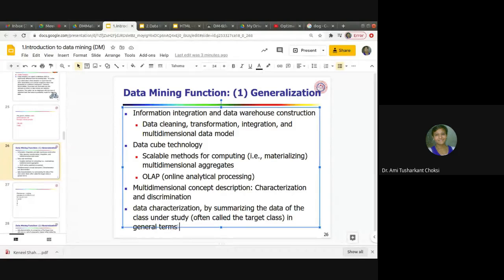We will study this in detail. Generalizing, generally, what is there, right? We can have the terms generalization and summarization.